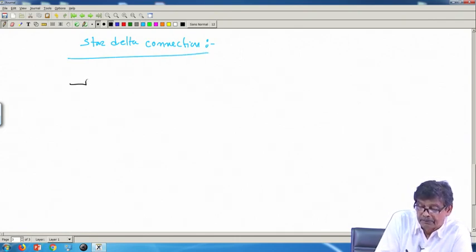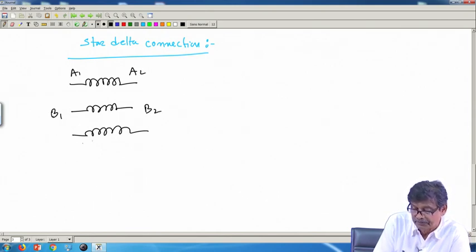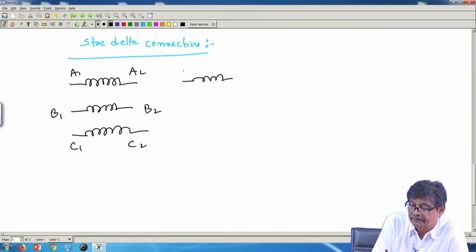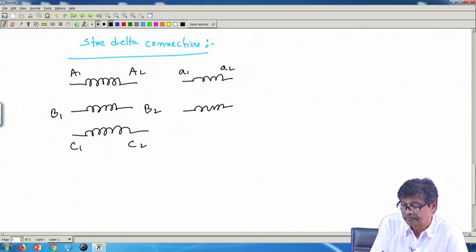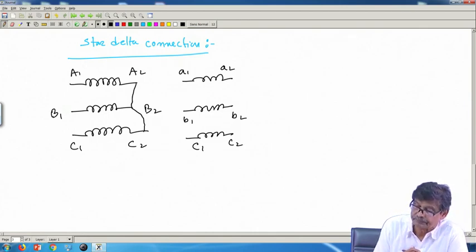So, these are the primaries, A1, A2, B1, B2, C1, C2, and these are the secondaries, small a1, a2, small b1, b2 and small c1, c2. Okay. And suppose I have shorted this.